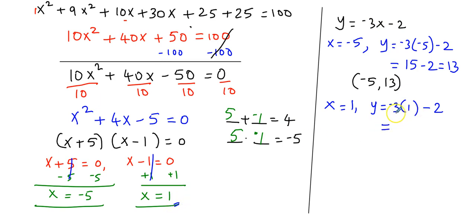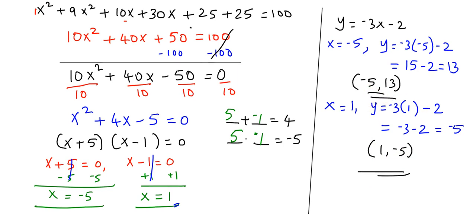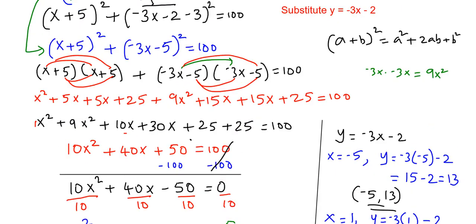That is -3 times 1 is -3, minus 2. -3 minus 2, both are negative, so add and keep the negative sign. So the value of y is -5 for x equal to 1. Hence, my point of intersection is (1, -5). Right? These are the two points of intersection obtained in this case.